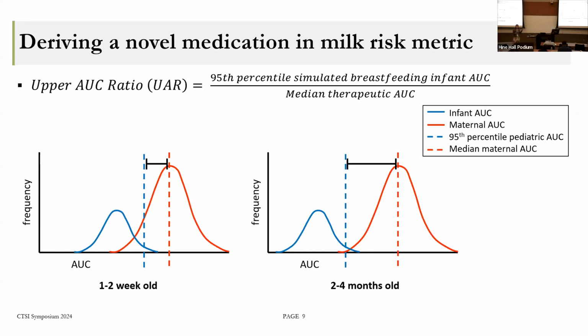What we don't want to happen is to have those too close, the 95th and the 50th. That would make the UAR go up. We might repeat this exercise for different age groups, let's say 2 to 4 month olds on the right-hand side, and the AUCs are a bit different for these breastfeeding infants. The dashed lines get further apart and maybe your risk decreases, and so the UAR number might decrease as well.